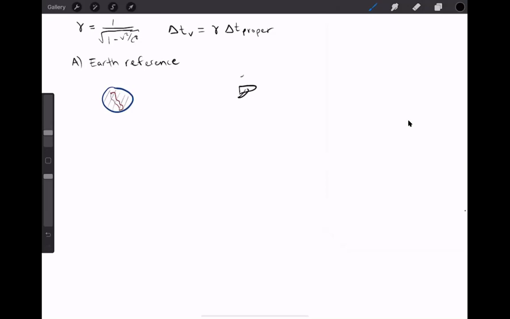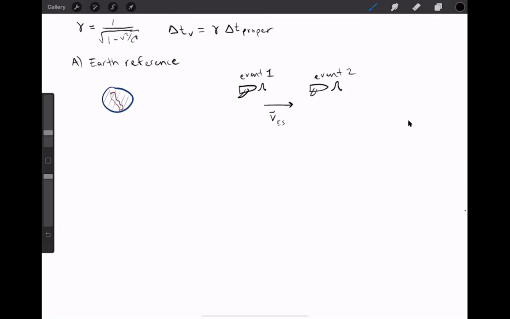And event one happens, and then event two happens over here. Event one is the first pulse, and event two is the second pulse. And we know that the chip is moving with a velocity in that direction. This is the velocity of the chip in the Earth's reference frame. So you see those are the letters that I have to identify, right?